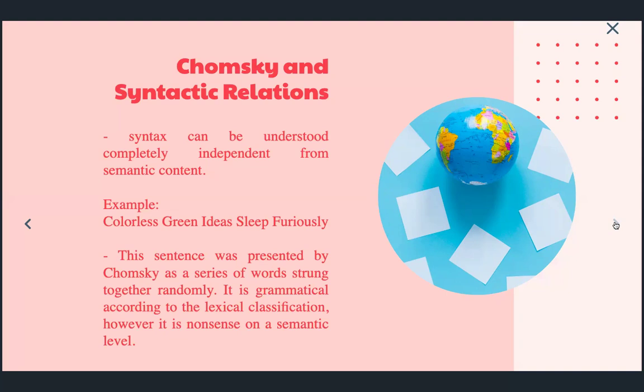Thus, they need to be suppressed, but they are somehow boiling and ready to burst out in public. Therefore, they're sleeping furiously. So it is easy to see that this random idealized sentence suggested by Chomsky does not survive close scrutiny.